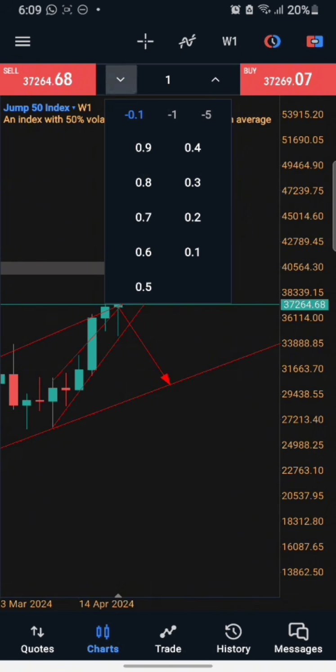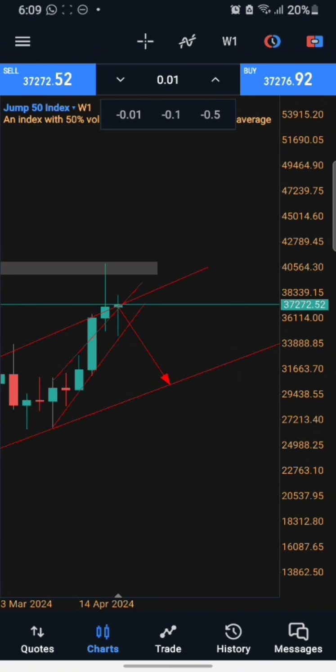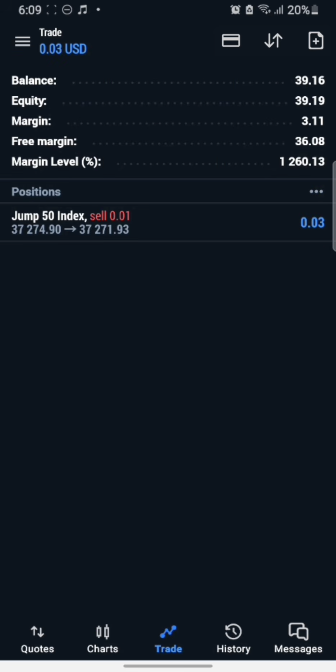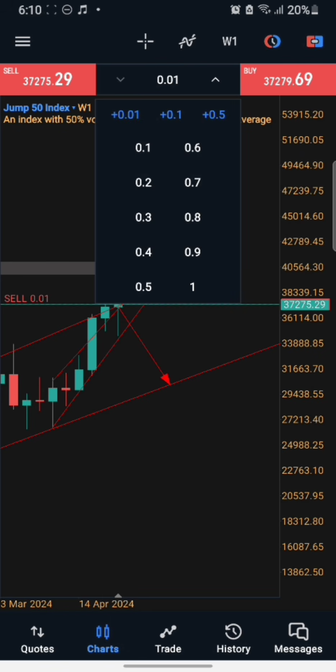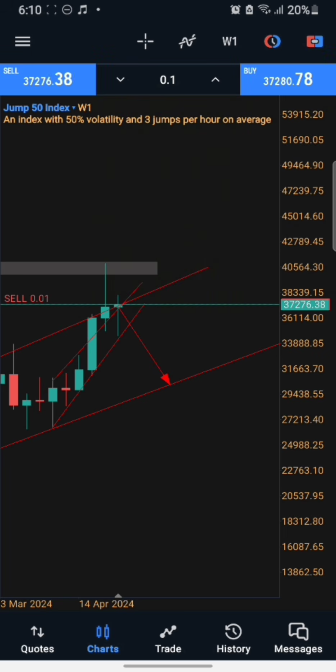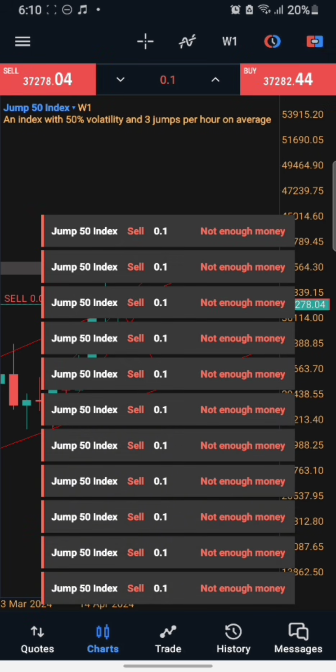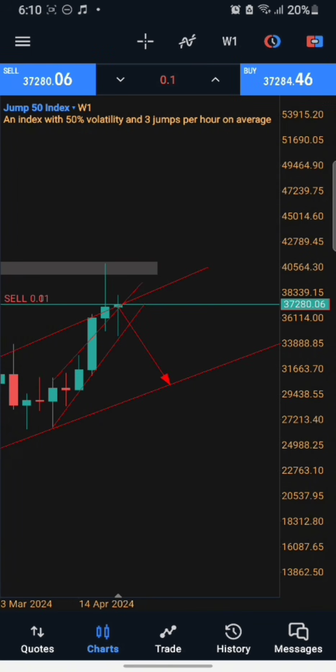So we are aiming for a very strong sell, because the market is currently at two resistance points that are very massive. So at these points, it means that the market is not only respecting one resistance line but two. So I'm going to add more positions and see how much we can take from this trade.